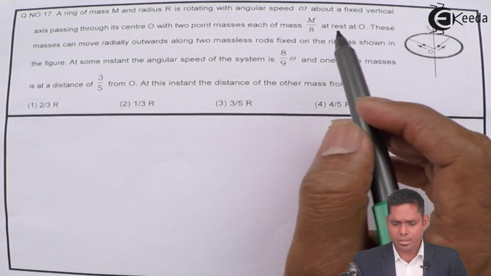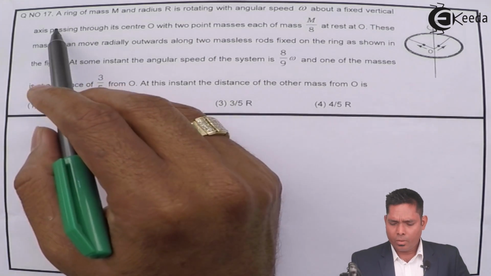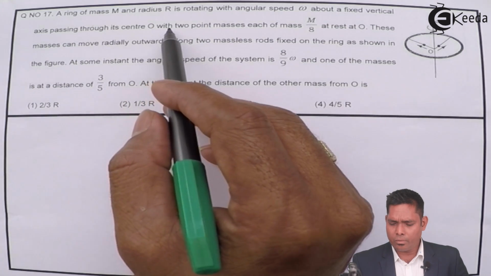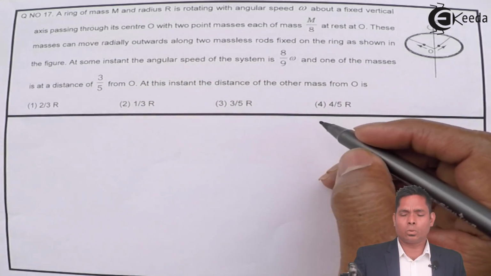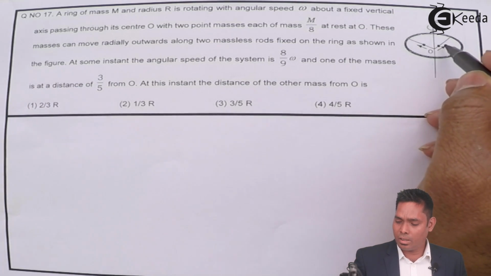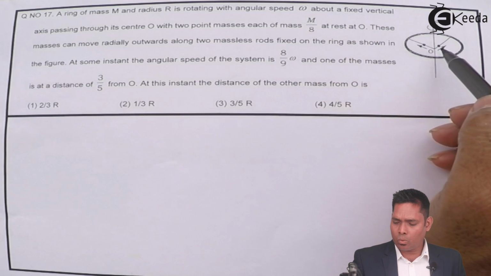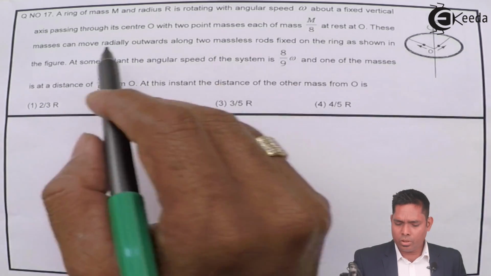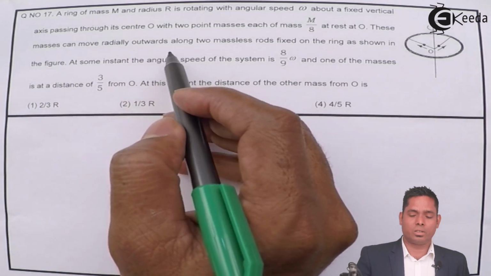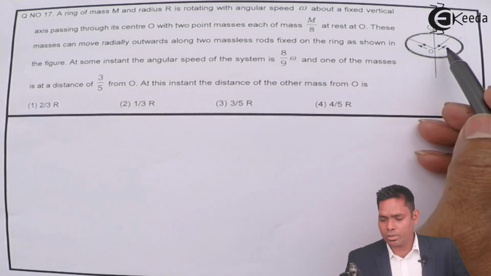This is the vertical axis, so the ring is rotating like that, passing through the center with 2 point masses, each of mass m by 8. As you can see, these 2 point masses are at rest at O, at the center. These masses can move radially outwards. Radially outward direction is shown.